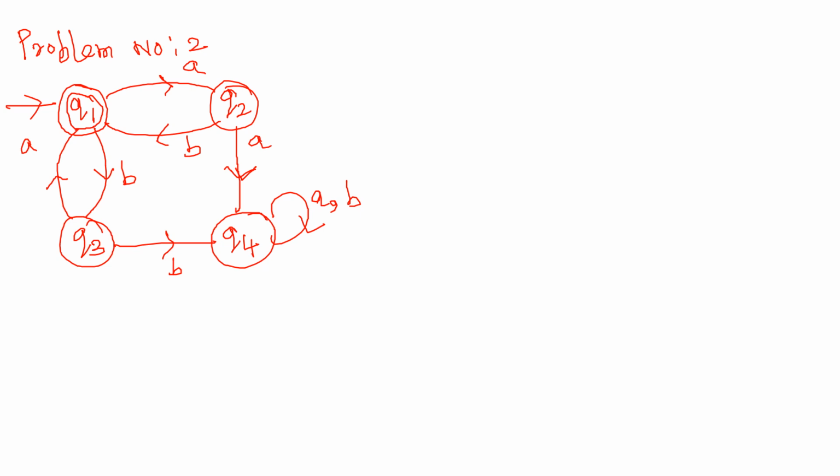So what is the equation for Q1? Initial state is Q1, here final state also Q1, but anyway we have to write the equation for all the states, then only we can find the regular expression accurately. First you have to write the equation for Q1. What is Q1?